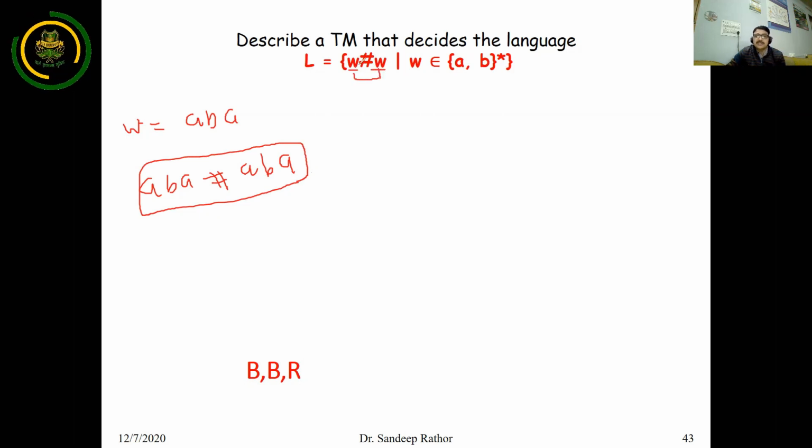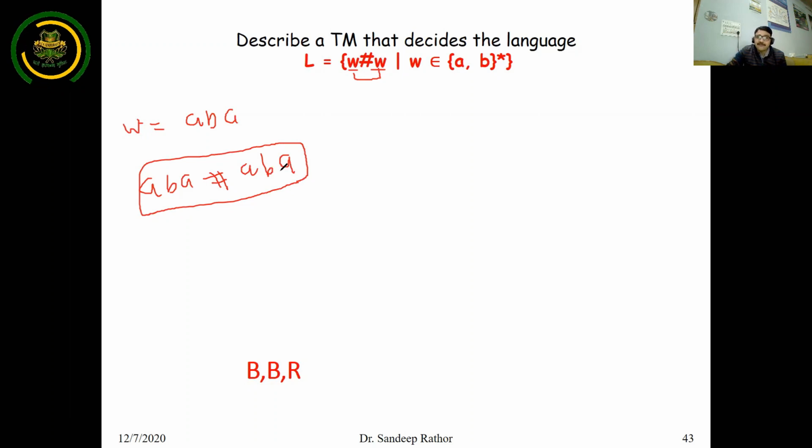In the previous machine, there was W and then W reverse. But here there is no W reverse. W starts at the starting place and W is at the ending place. Between these two W there will be a separator, represented by the hash.